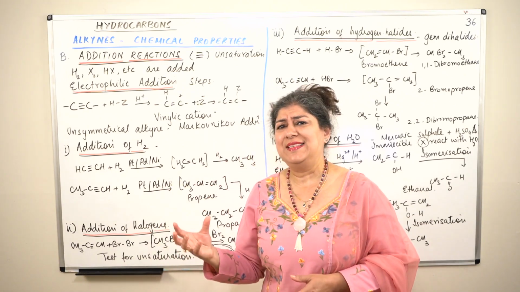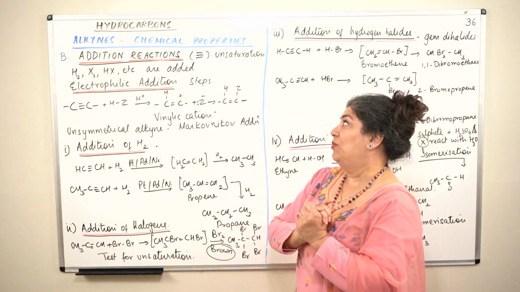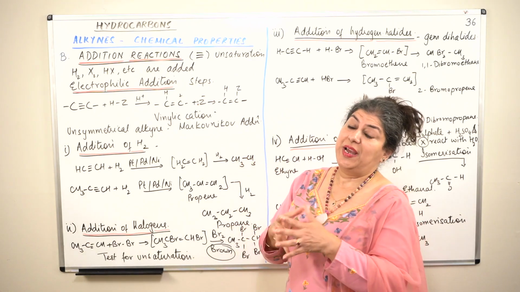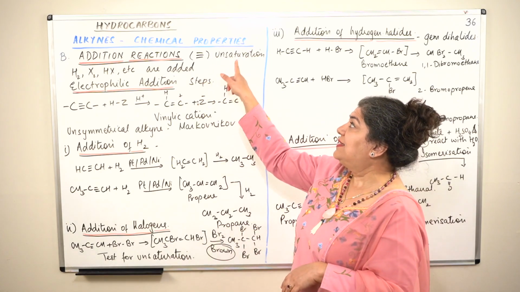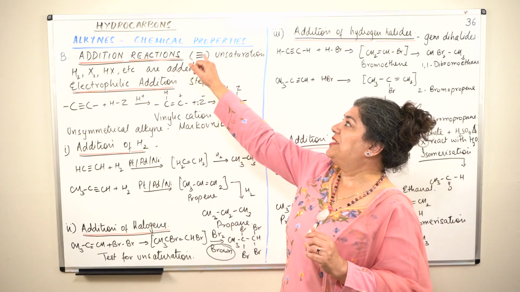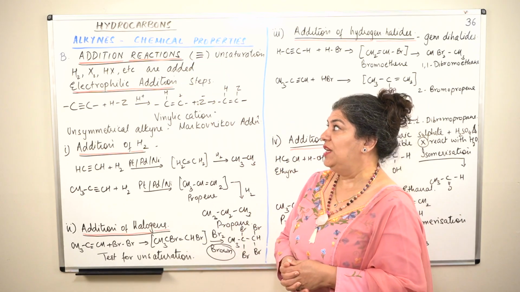So it's very easy for compounds to attack such compounds and add on to the molecule, and that's the reason why addition reactions are seen in the case of alkenes and alkynes. So unsaturation, or the presence of the triple bond between two carbon atoms, is responsible for addition reactions.